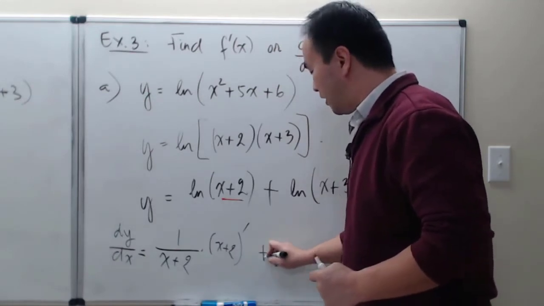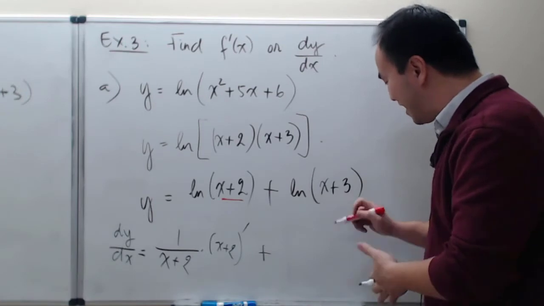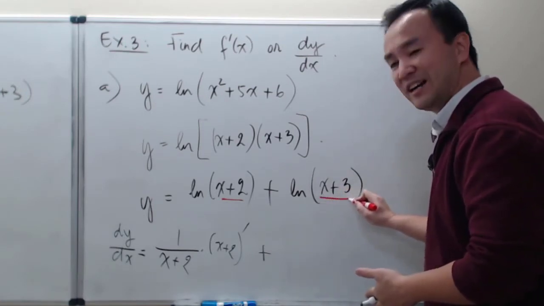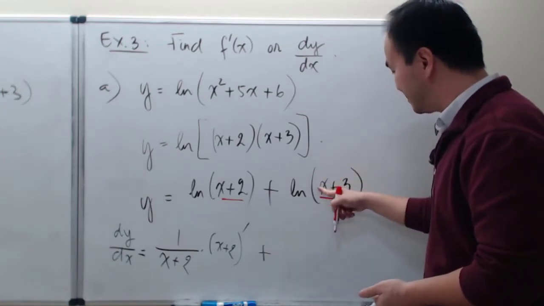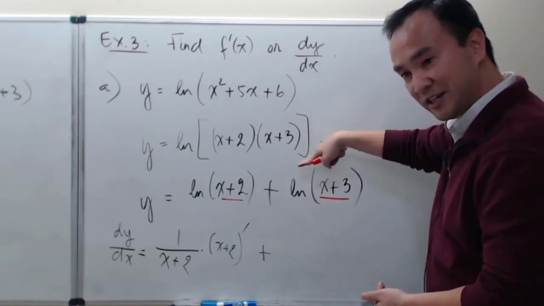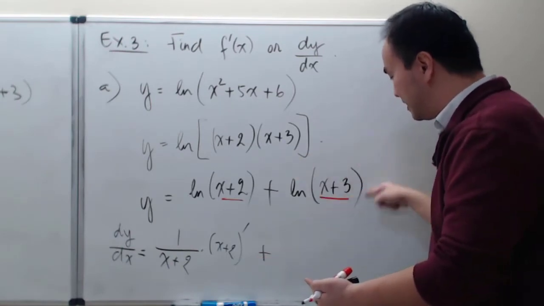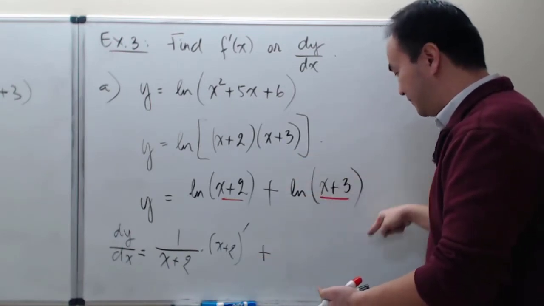So now we're moving on to the derivative of the next term right here. So now I can highlight again. I can underline the inside of this second term, the inside of this next term right here. So again, chain rule applies when we attempt the derivative of this.